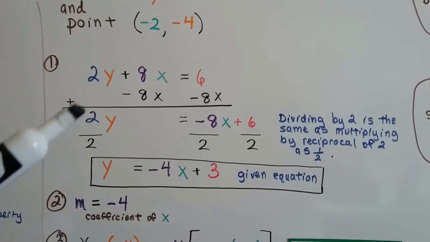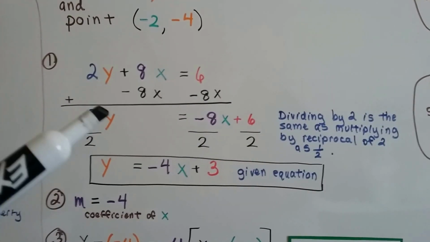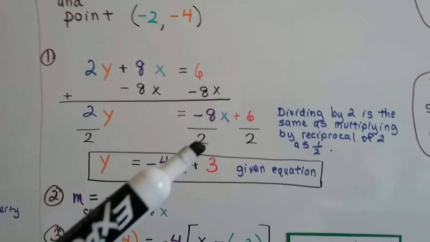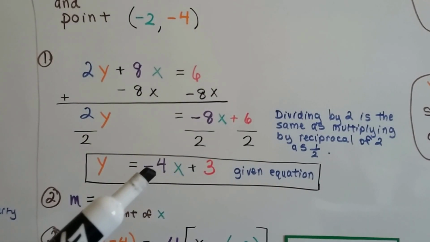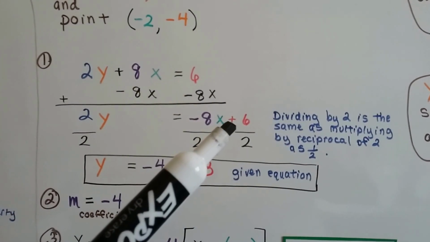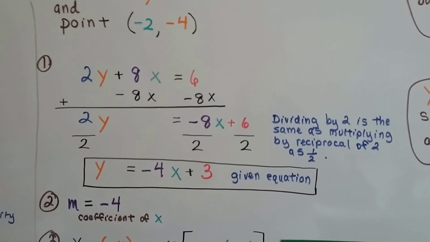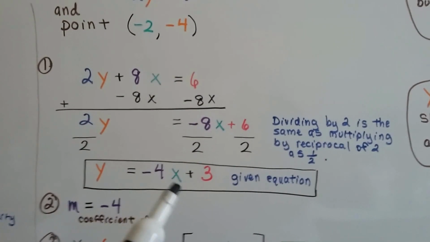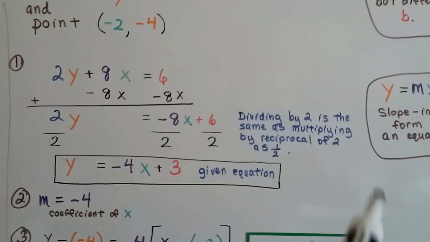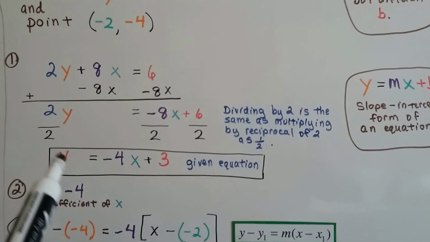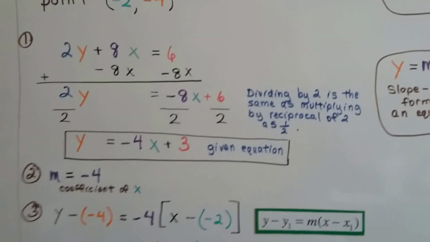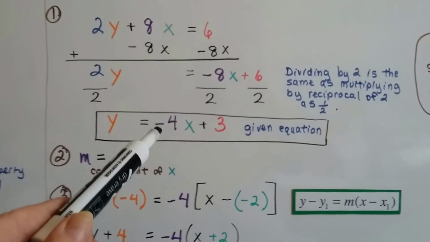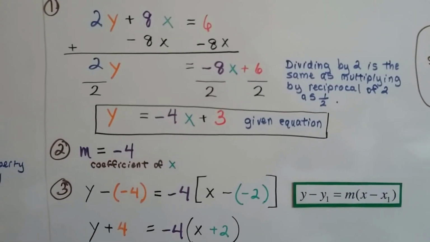So now this becomes our buddy, the invisible 1, and we have y equals -8 divided by 2 is a -4x. And 6 divided by 2 is a 3. So that's our given equation in slope-intercept form. Y equals mx plus b. All right? So we know our slope is -4. It's the coefficient of x.